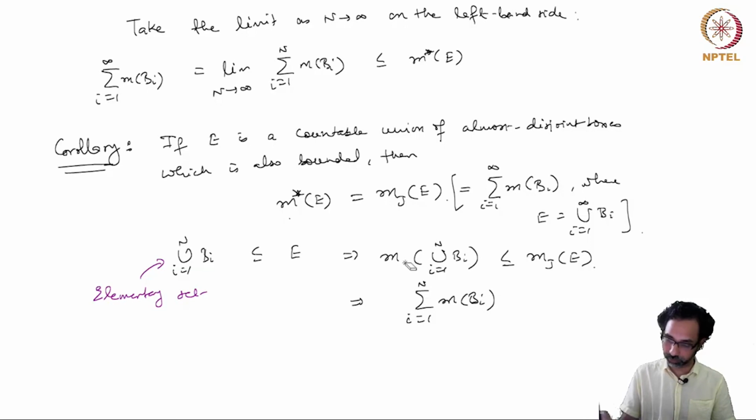So we can remove the inner Jordan measure, it's just the elementary measure, and so this is bounded above by E, and then again you can take the limit as n goes to infinity.